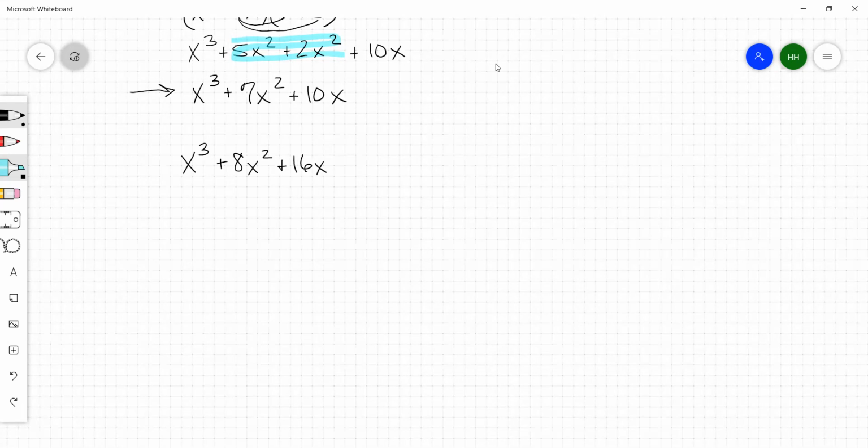And again, each term in the trinomial has an x in it, so we're going to factor that out. X to the third divided by x is x squared. 8x squared divided by x is 8x. And 16x divided by x is 16.